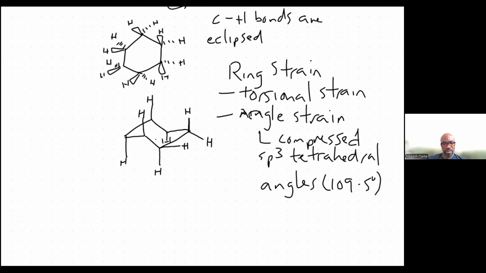This one's angled up, so my equatorial is angled down. This one is angled down, equatorial is angled up. This one's angled up, so my equatorial is angled down. This one is angled down, so my equatorial is angled up.